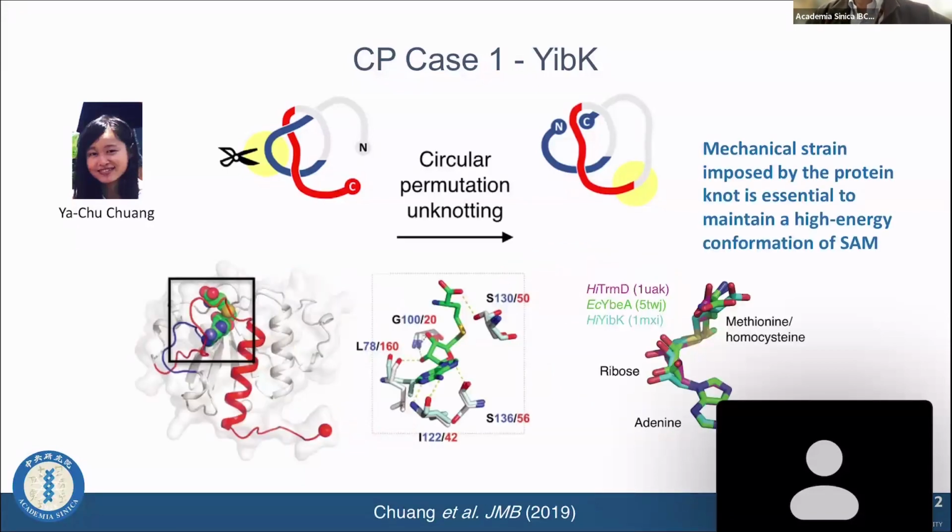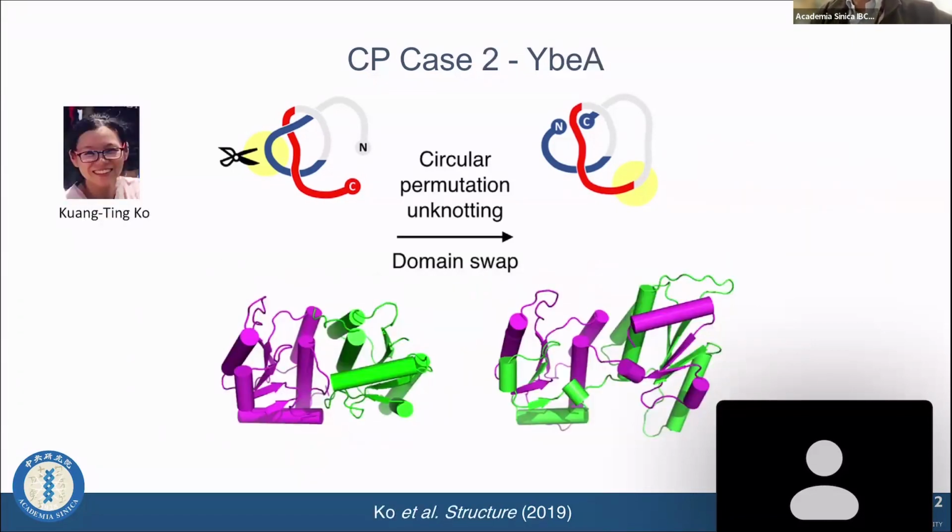We can look at the cofactor binding pocket. In fact, if you look at the side chain orientations of the parent and the circular permutants, they look very similar. But because of the opening, this circular permutant can no longer bind to the cofactor. In the other extreme case, once we have a circular permutant, one half of this molecule flips to the other side to become a domain-swapped dimer.